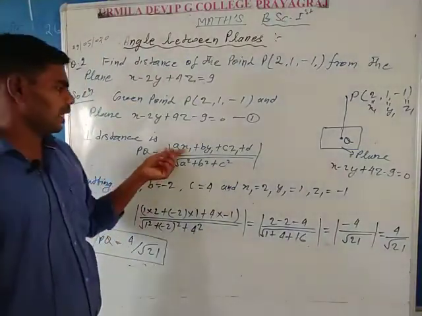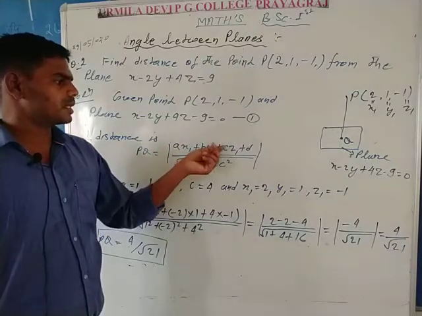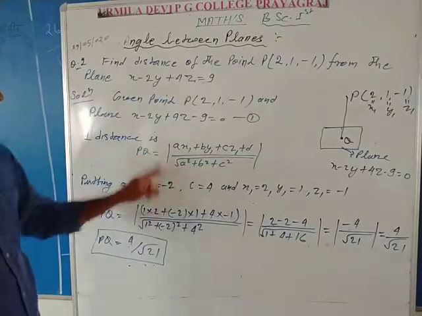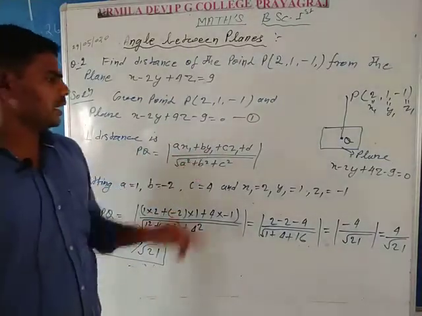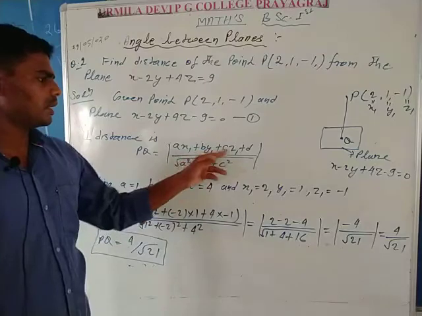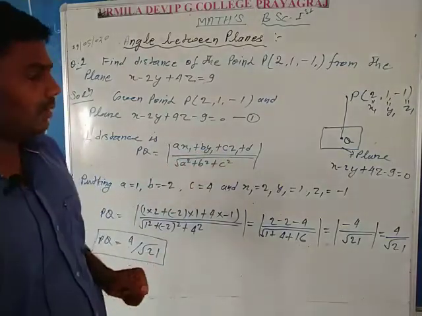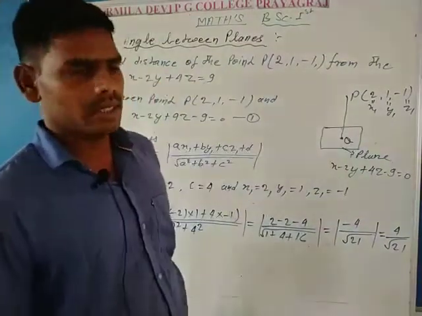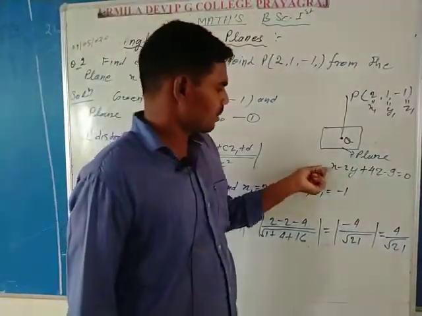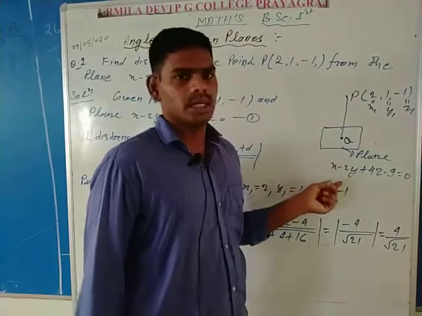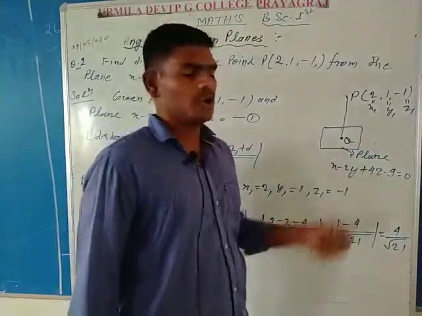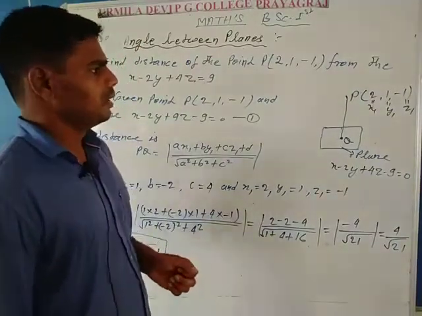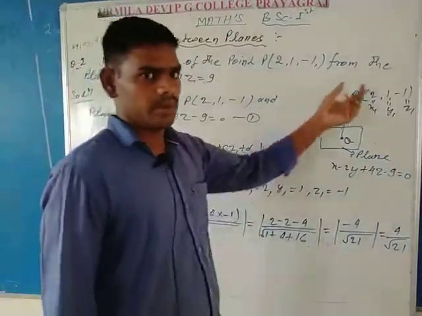PQ is equal to ax1 plus by1 plus cz1 plus d divided by this. In this formula, we put the values of a, b, c and x1, y1, z1. Here the x coefficient is a, the y coefficient is b and the z coefficient is c in the plane equation, and x1, y1, z1 are the coordinates of the given point.